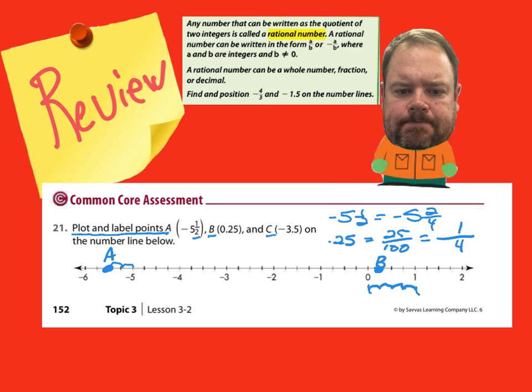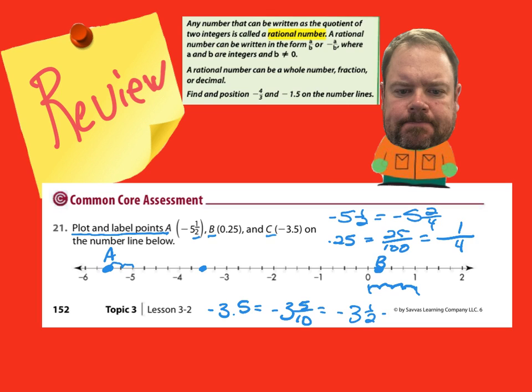And finally C, negative 3 5/10. So I'm going to do that right here, negative 3 5/10. And I know that negative 3 5/10 is the same as negative 3 1/2, which many of you know is halfway between negative 3 and negative 4.